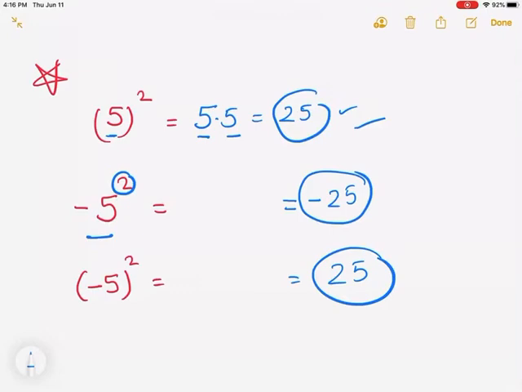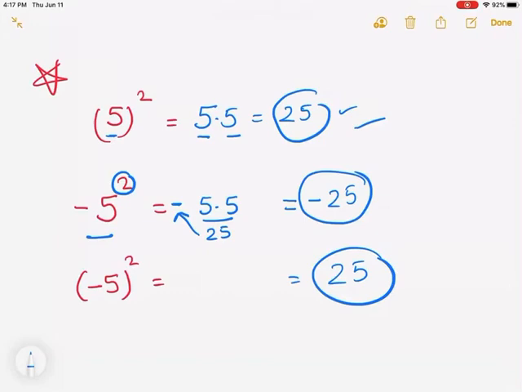So you do 5 times 5 first, and whatever you get, times it by the negative, because you're not squaring the negative, so the negative stays the same. You're multiplying 5 by 5, which becomes 25, and then times it by the negative. That's how I got negative 25.